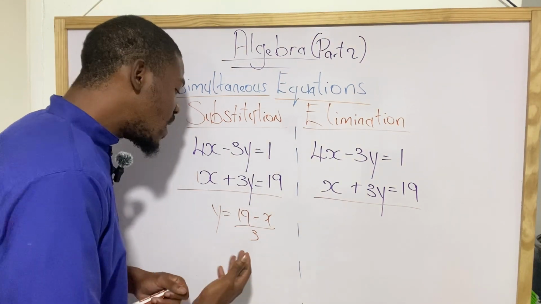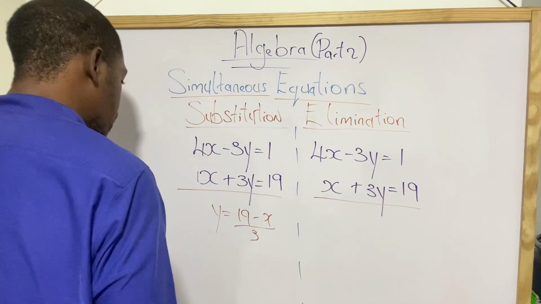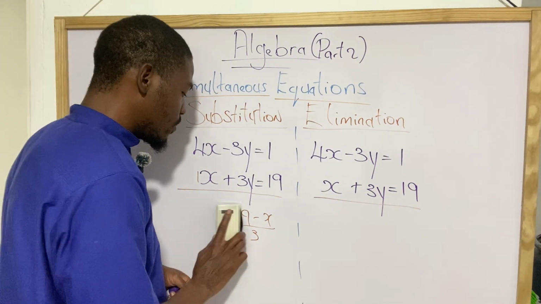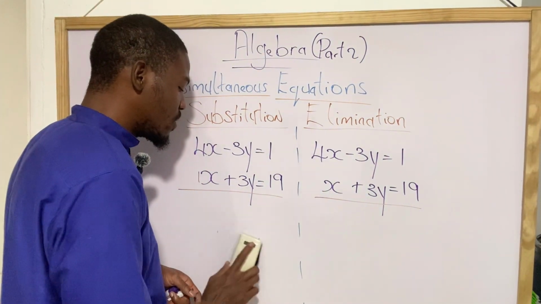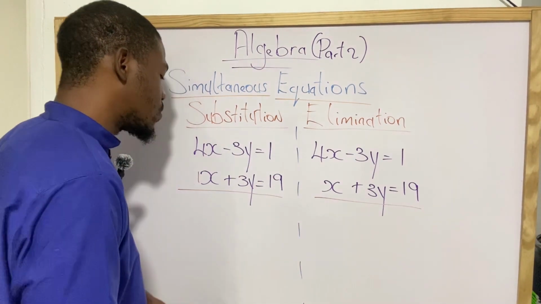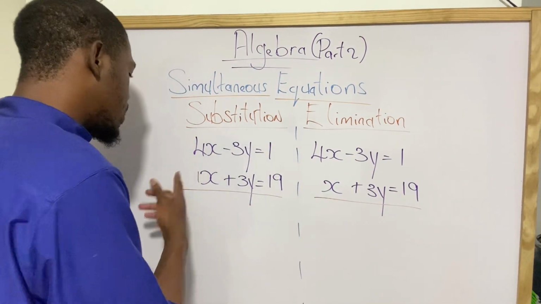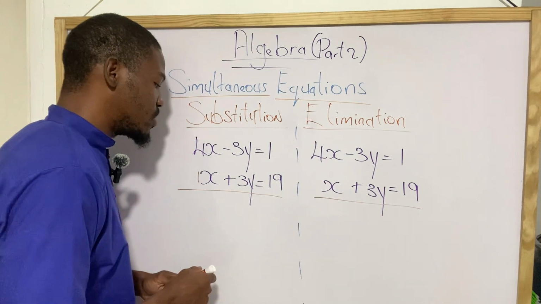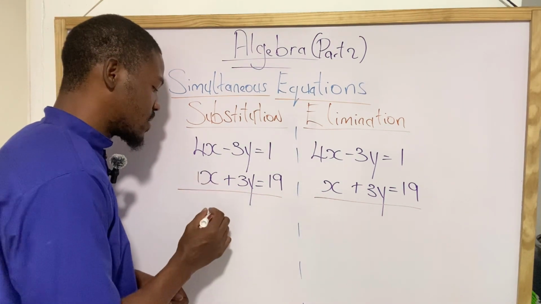So I would normally just say to them, just work with the variable with the coefficient of 1. So in this case, the variable that we're going to be choosing is our variable x.